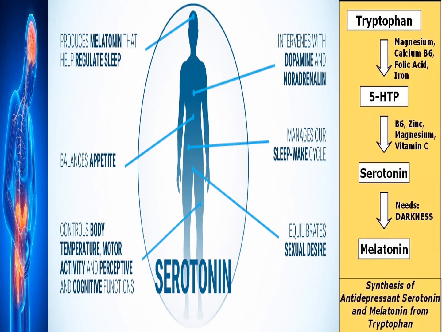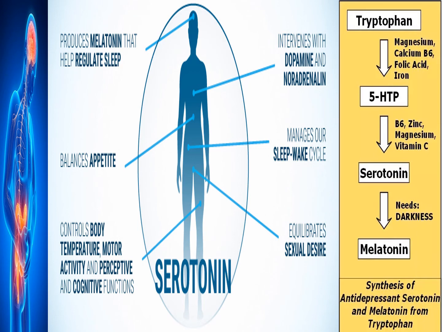Serotonin also intervenes with dopamine and noradrenaline. Serotonin maintains and equilibrates the sexual desire. Serotonin also manages our sleep wake cycle. Please note this point. This serotonin manages our sleep wake cycle.